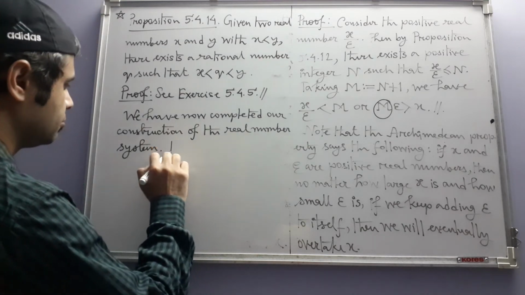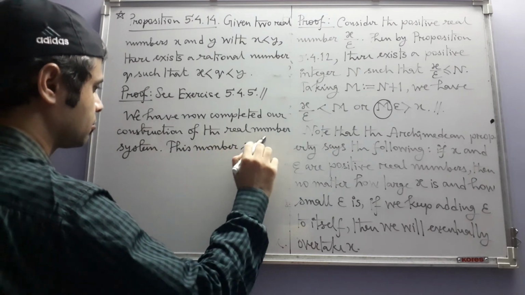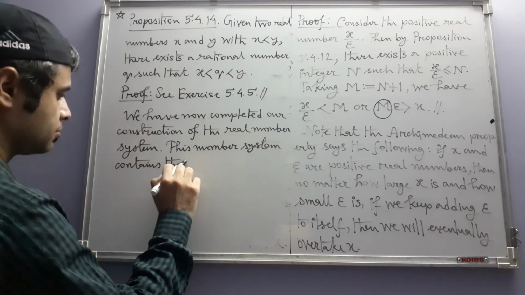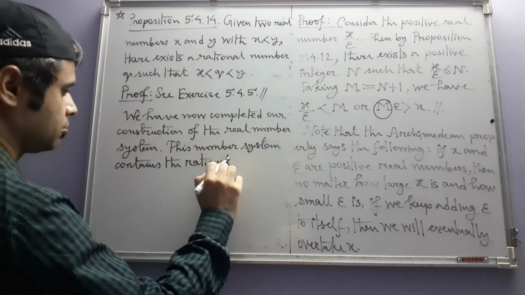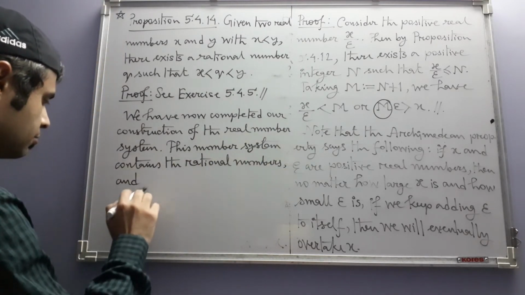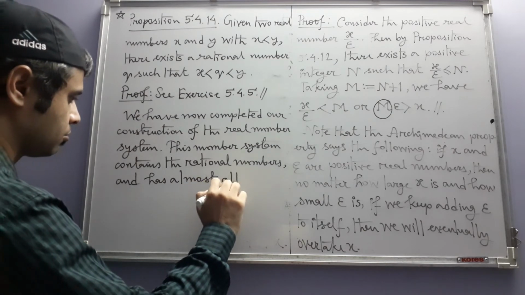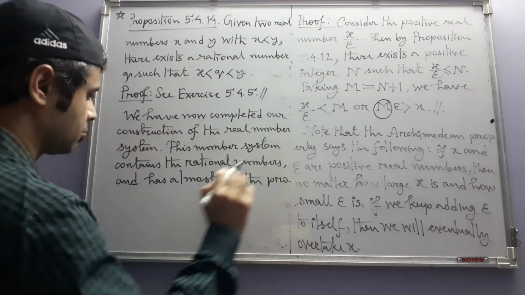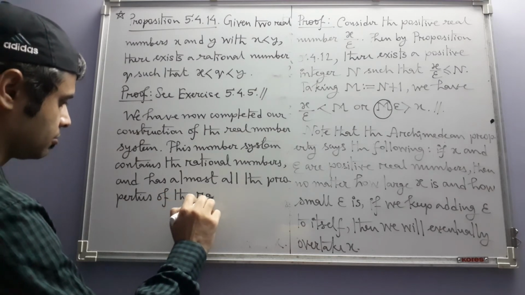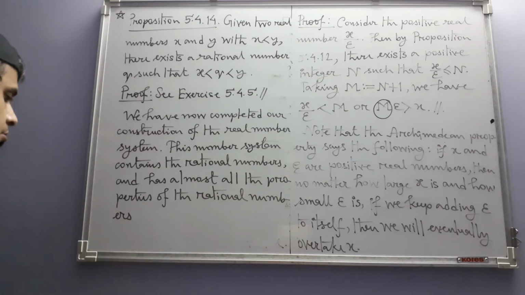This number system contains the rational numbers and has almost all the properties of the rational numbers.